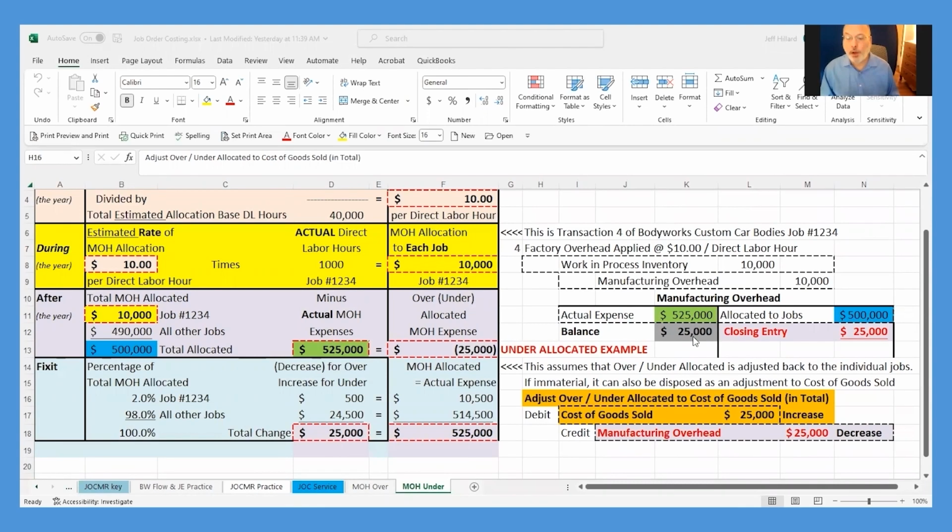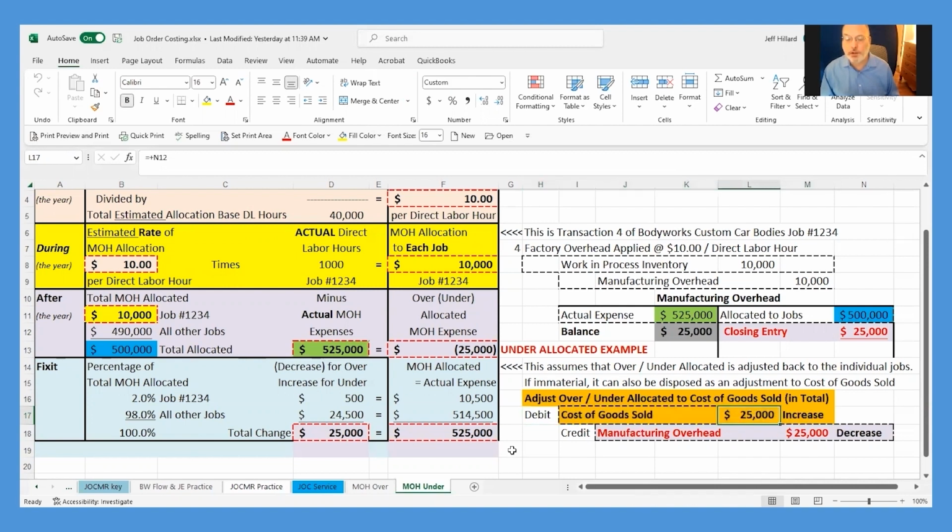Now let's take a look at the impact here. Remember, we have this balance of $25,000. To dispose of it directly to cost of goods sold, we would close it out, decreasing the manufacturing overhead account, and increase our cost of goods sold with the debit. This is the direct write-off method.